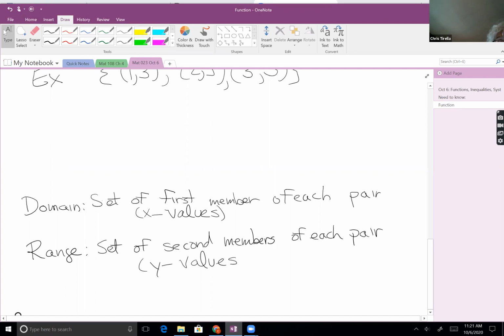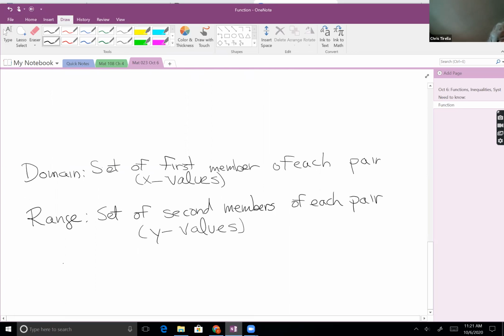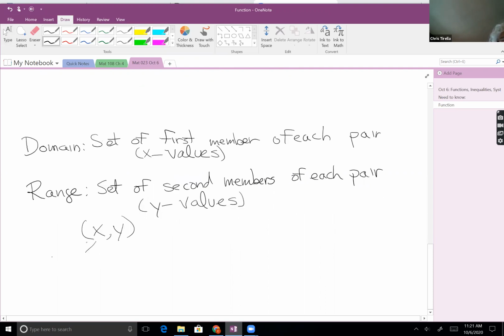What helped me was when I think about my ordered pairs, it goes X, Y, putting them in alphabetical order. If I think of taking those words domain and range and putting them in alphabetical order, domain comes before range. So the domain are the first members, the X values, and the range are the second members, the Y values.